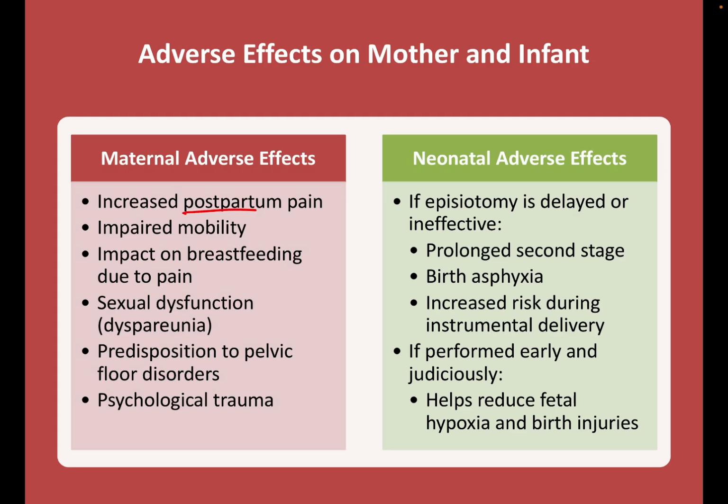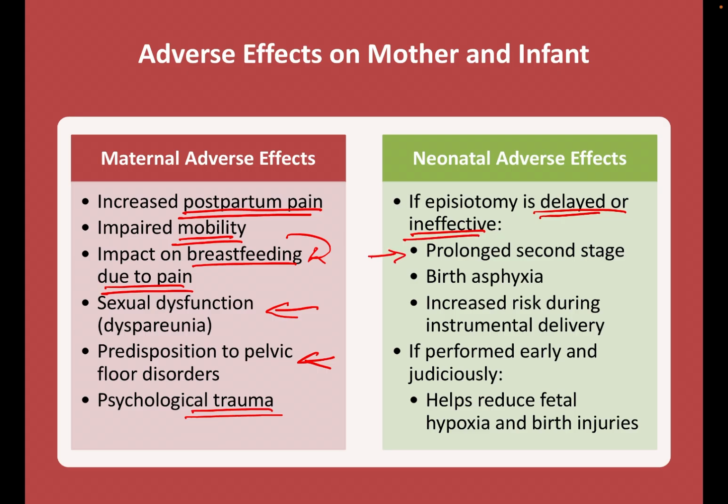In the mother, it can result in increased postpartum pain and impaired mobility. This will impact breastfeeding due to pain, sexual dysfunction, and predisposition to pelvic floor disorders, and there is a lot of psychological trauma associated with it. If episiotomy is delayed or ineffective, this can result in prolonged second stage of labor, birth asphyxia, and increased risk during instrumental delivery.